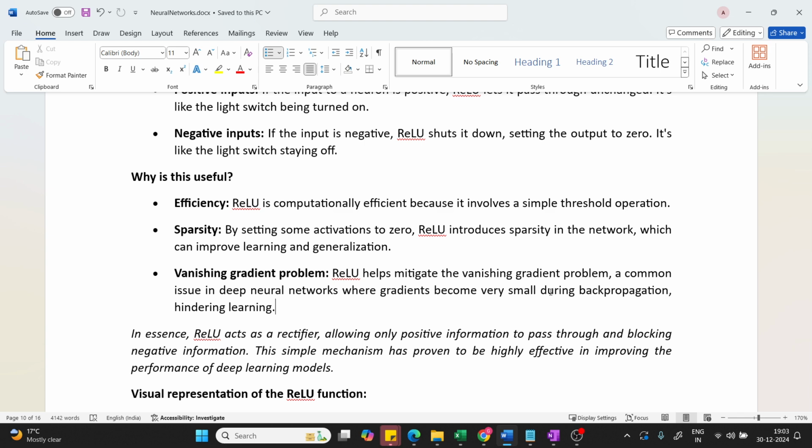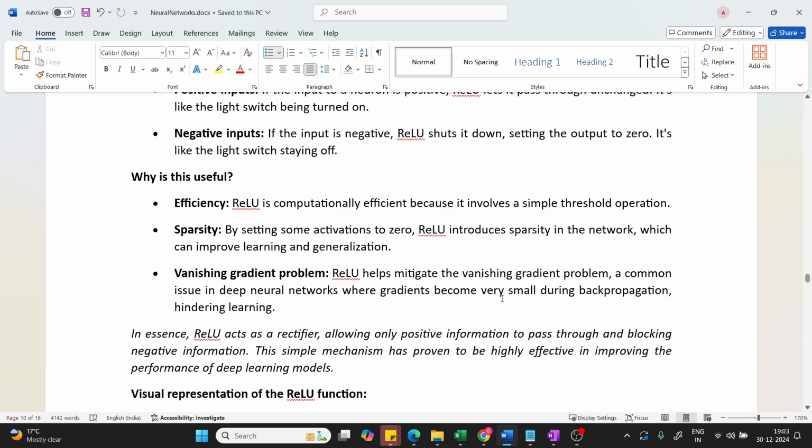That's why in deep learning models for neural networks you face that problem when you are using the sigmoid function. But in the case of ReLU, you don't face that problem. During backpropagation, it doesn't hinder the learning; it is able to find the gradients, and the gradient doesn't vanish that rapidly.